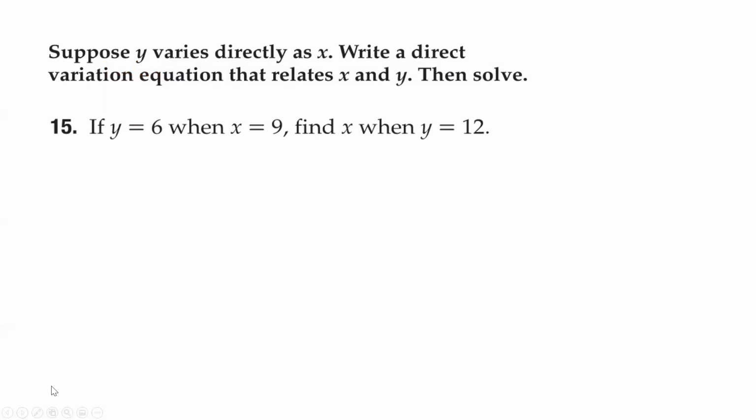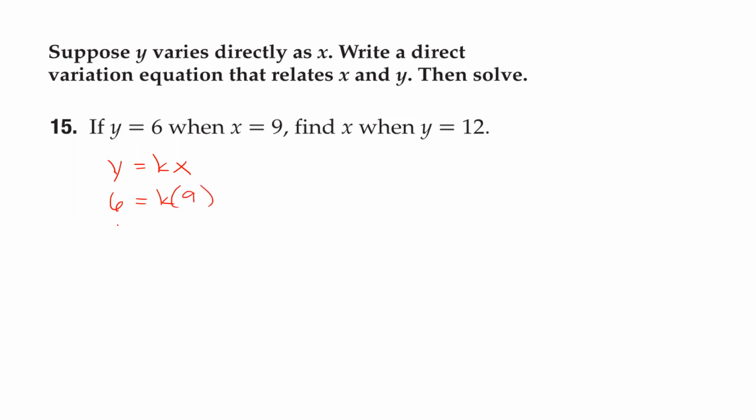It says, suppose y varies directly as x. Write a direct variation equation that relates x and y, then solve. Remember that the direct variation equation is y equals k times x. Now we plug in the information it gave us. When y is equal to 6, x is equal to 9.